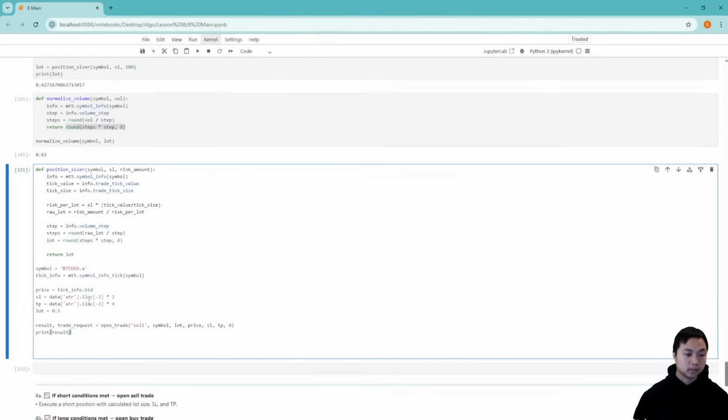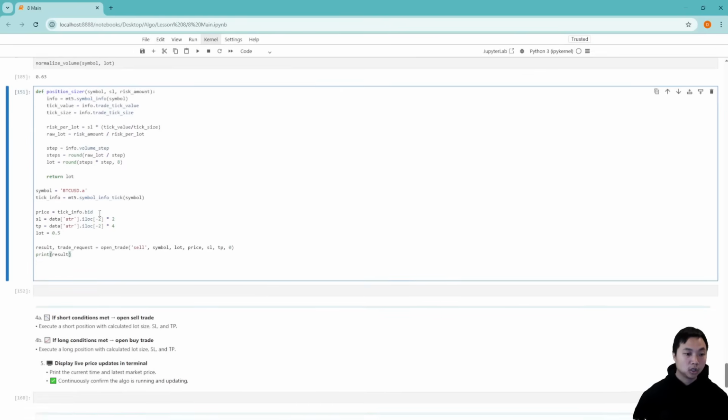We're using the symbol information, the sell scenario. Right now for this one, we are using the position sizing, that is the symbol, stop loss, and this amount. That's the value, the sales, everything.